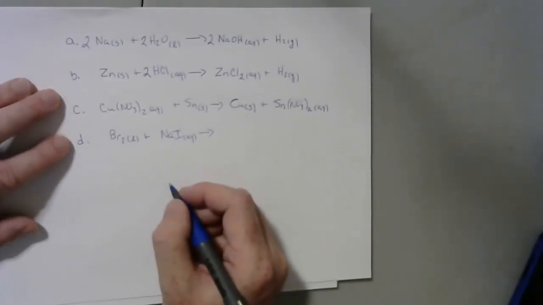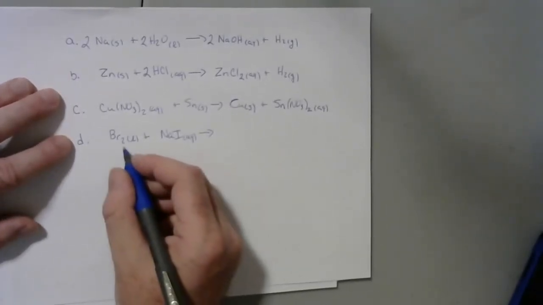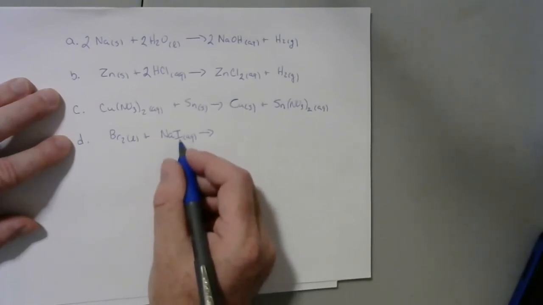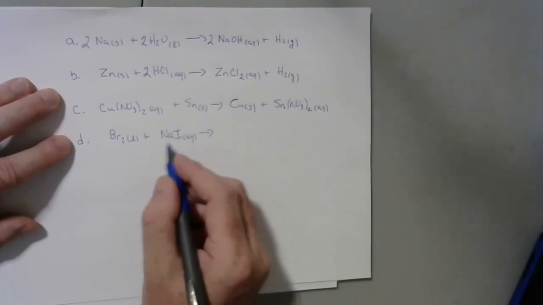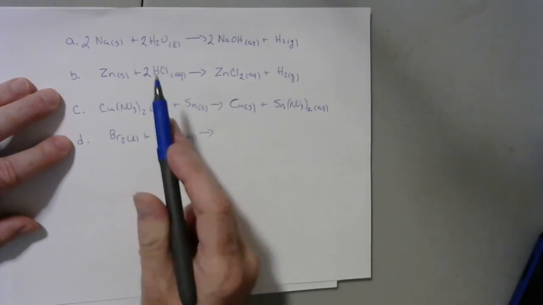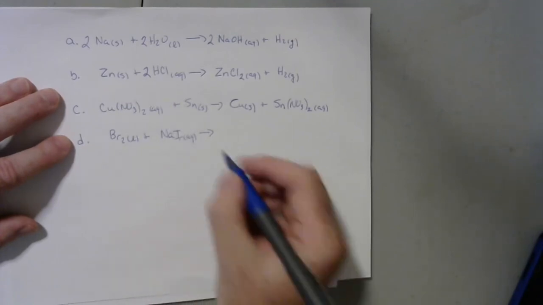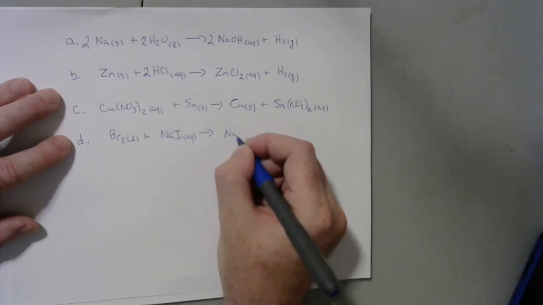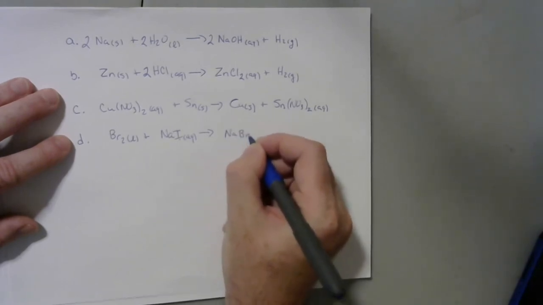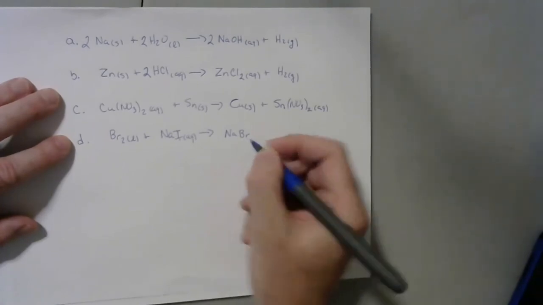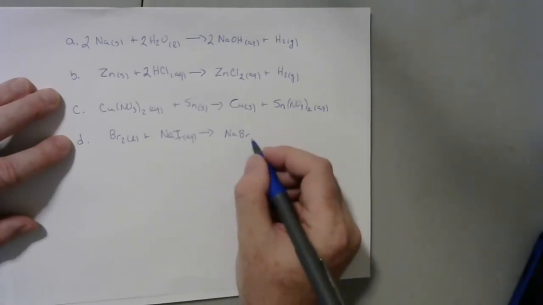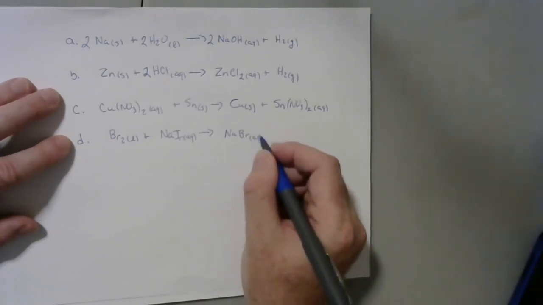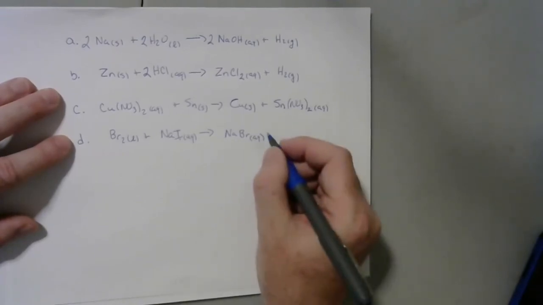Now, here's the halogen replacement, last but not least. So the bromine is going to replace the iodine instead of replacing the cation like it did in every other case. So we're going to end up with sodium with bromine. Sodium's +1, bromine's -1. So that's a good formula, and it's water soluble because it's an alkali metal there.